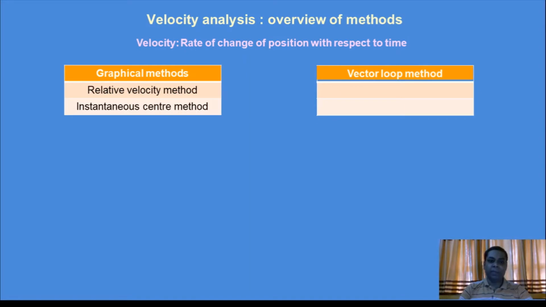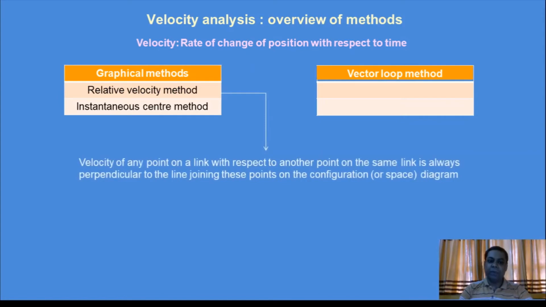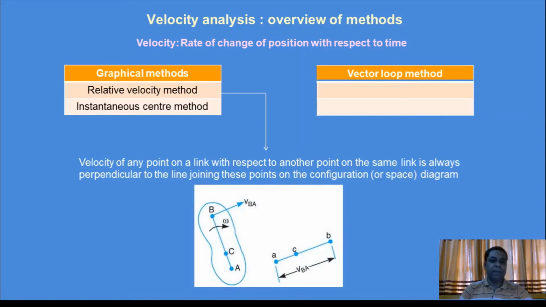Today we are going to discuss a part of the relative velocity method, in which the velocity of any point on a link with respect to another point on the same link is always perpendicular to the line joining these points on the configuration or space diagram. As you can see in the given diagram, one object, irregular in shape, on the left hand side, has a point A around which it is turning in the clockwise direction.